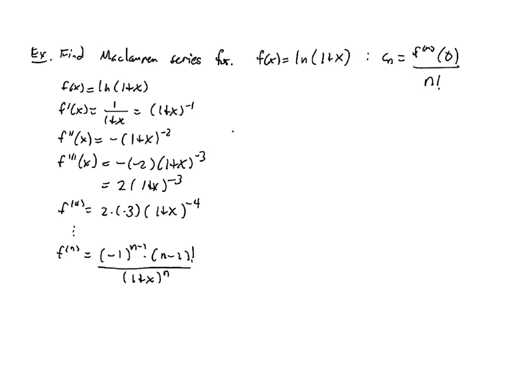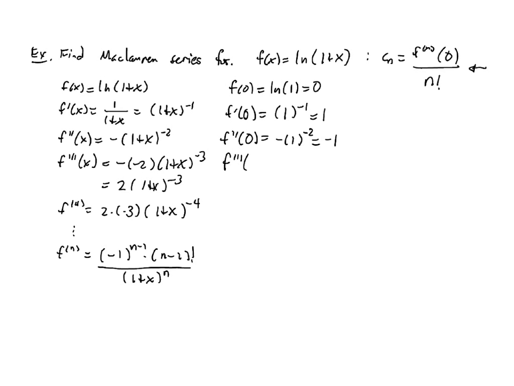So next what I have to do, as I wrote over here, is plug in 0 into these derivatives. So f of 0 is ln of 1, which is 0. F prime of 0 is going to be 1 to the negative 1, which is 1. F double prime of 0 is negative 1 to the negative 2, which is negative 1.